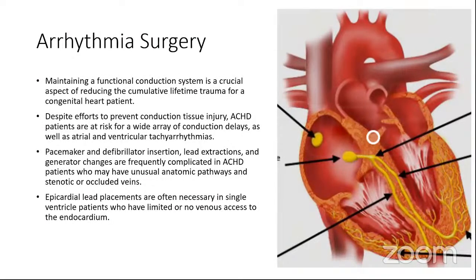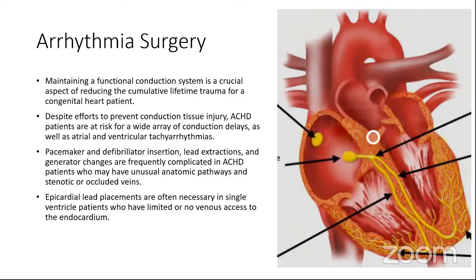Maintaining a functional conduction system is a crucial aspect of reducing the cumulative lifetime trauma for congenital heart patients. Despite these efforts to prevent conduction tissue injury, adult congenital heart disease patients are at risk for a wide variety of conduction delays, as well as atrial and ventricular tachyarrhythmias.